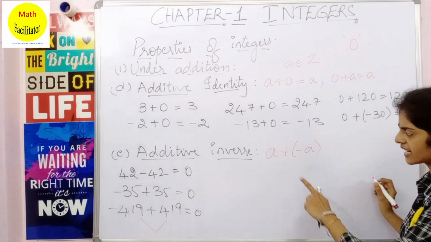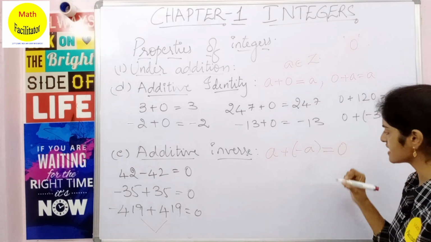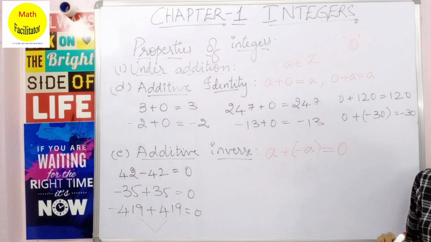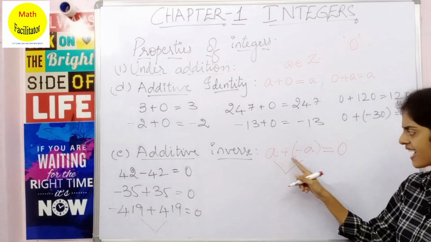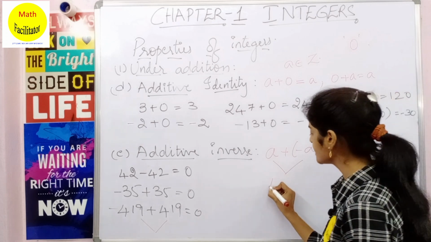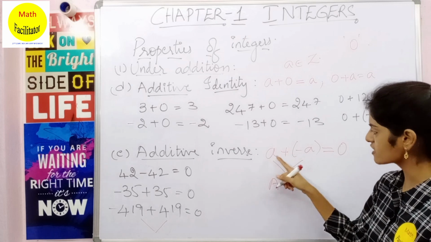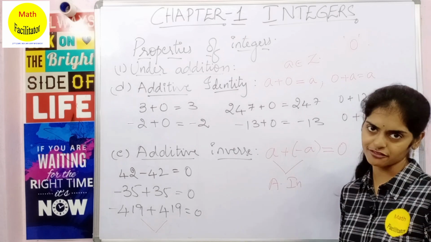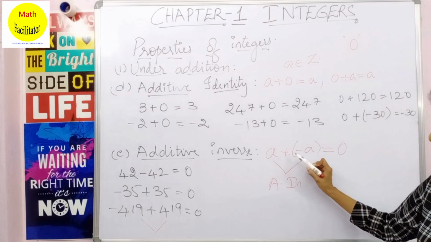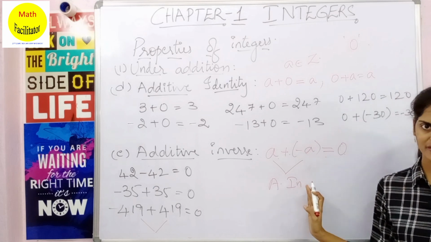That means you are adding an integer to another integer and the answer you are getting is 0, which is the additive identity. So in these cases, these two integers A and minus A are called additive inverses of each other. So A is the additive inverse of minus A and minus A is the additive inverse of A. When A plus minus A equals 0, then A and minus A are additive inverses of each other.